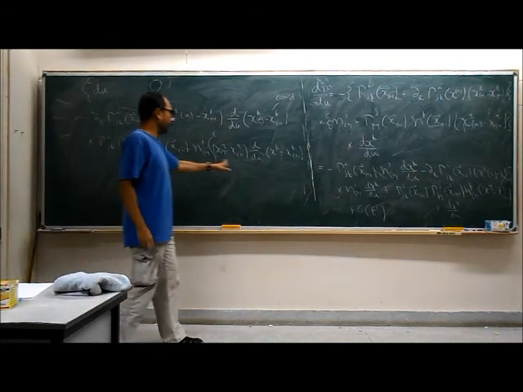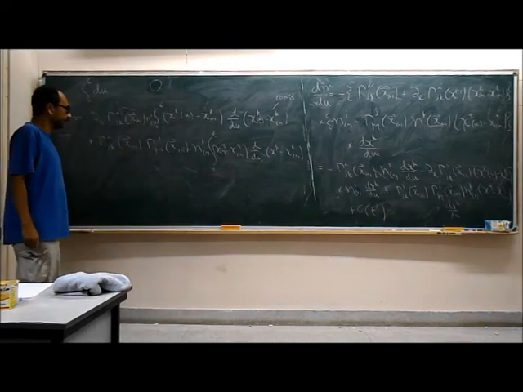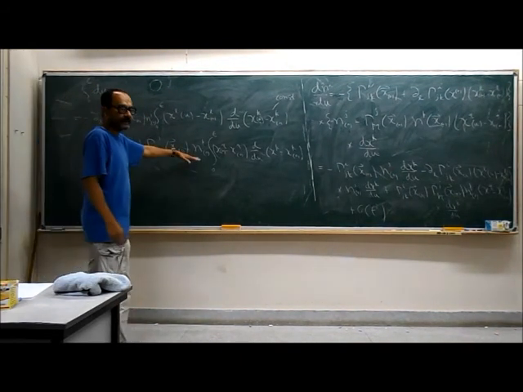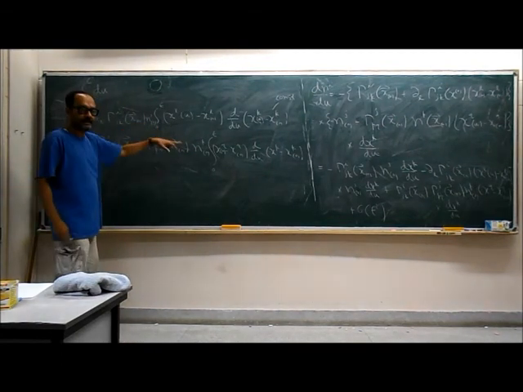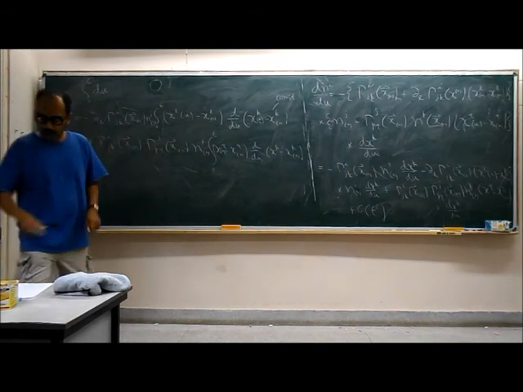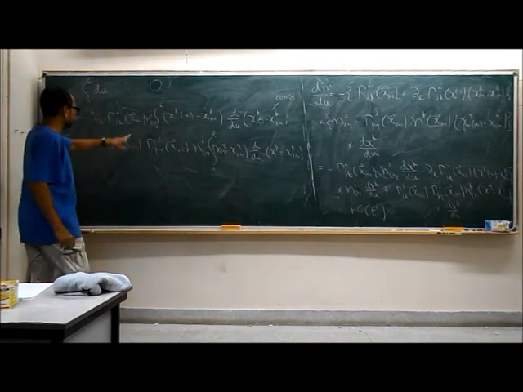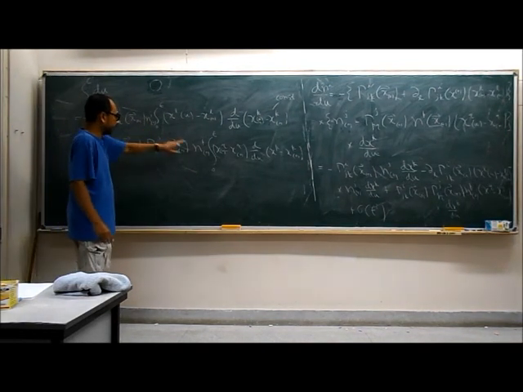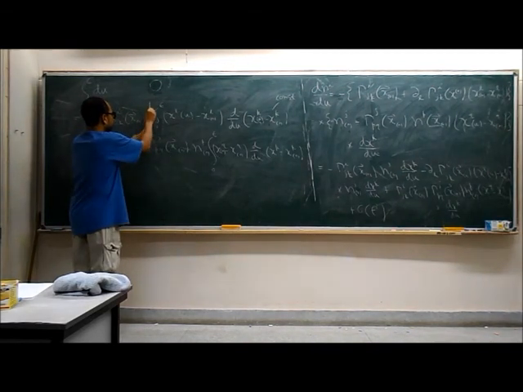Now we want to match the indices, just to make this look a little nicer. So let's leave the second term as it is, and try to change the first term so that the indices match with the two terms. This index j is carried by p here. This is n p naught, so I replace j by p.